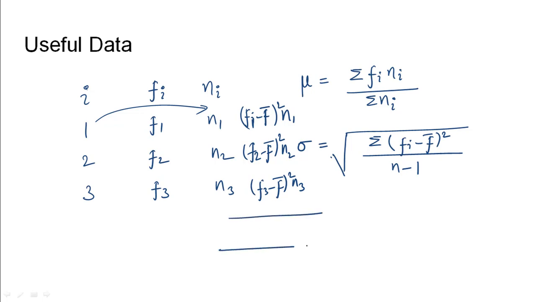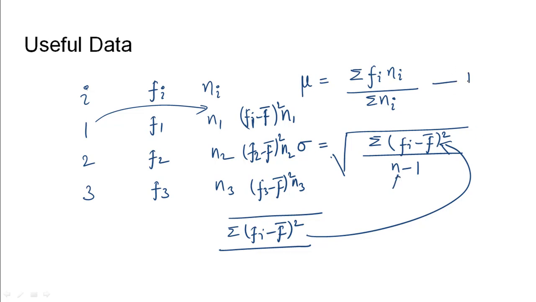We would add all these values and that would turn out to be summation of Fi minus F bar whole square, which would be substituted in the numerator here, and it should be divided by the total number of concrete cube specimens N minus 1 to get the sigma value.